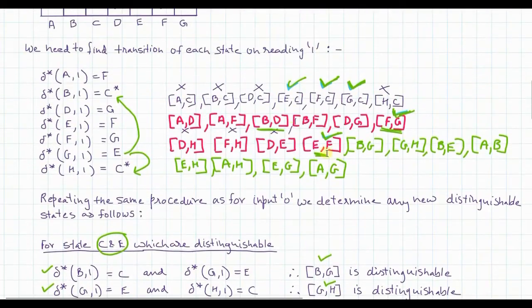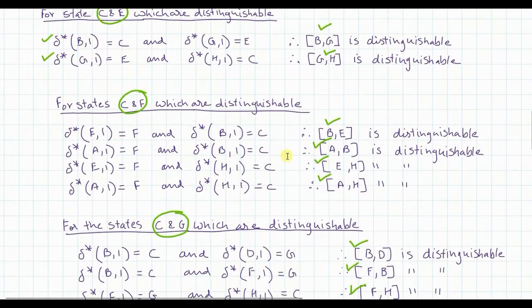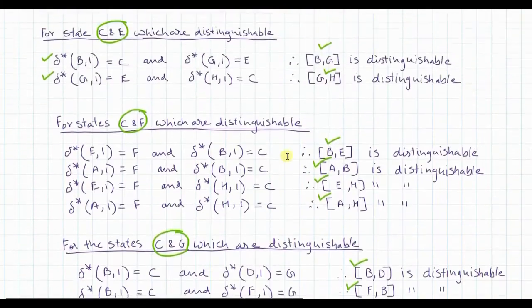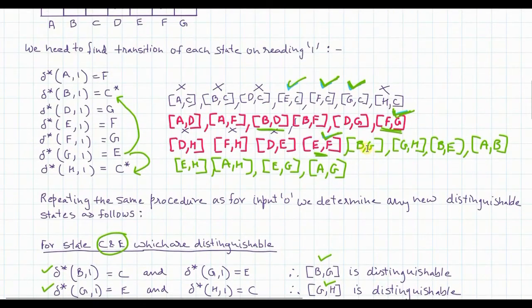Yes, because 1, 2, 3, 4 and 5, only these 5 combinations we needed to follow for this iteration where we were reading each state on reading 1. We have seen all 5 combinations and these are the only pairs that are generated. You should not continue with the newly found pairs of distinguishable states that we have found for the current iteration.